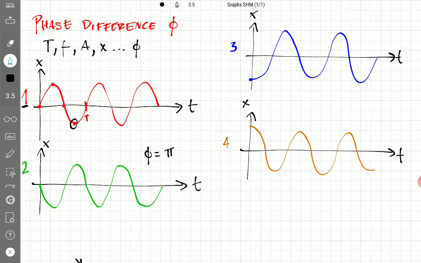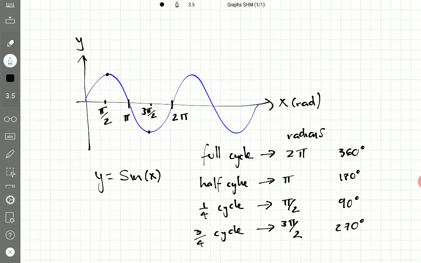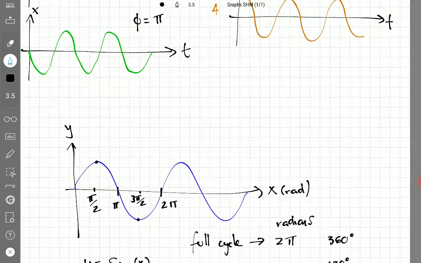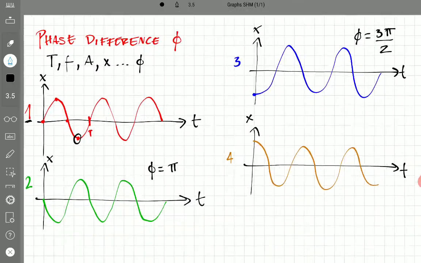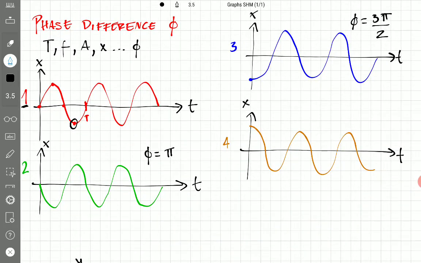You have shifted by 3/4 of a cycle, and 3/4 of a cycle represents a phase difference of 3 pi over 2, right? So 3/4 of a cycle is 3 pi over 2, or 270 degrees if you were measuring that angle in degrees.